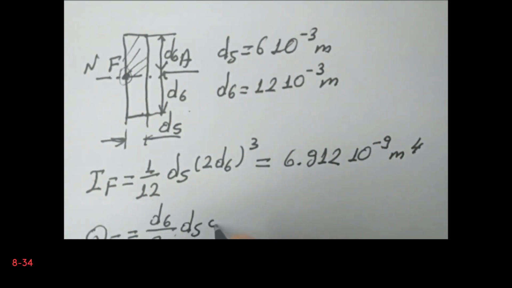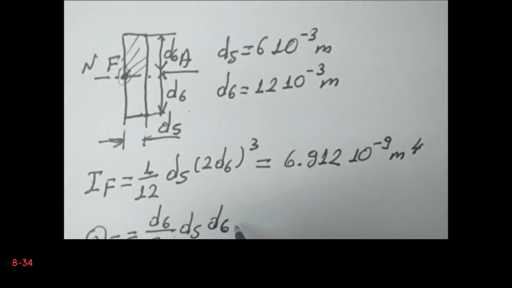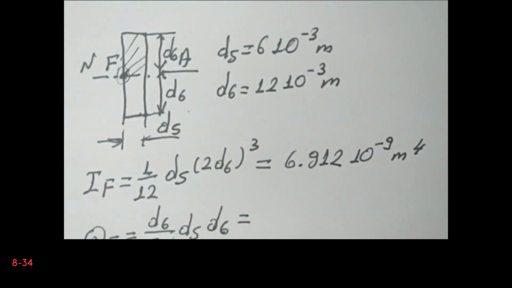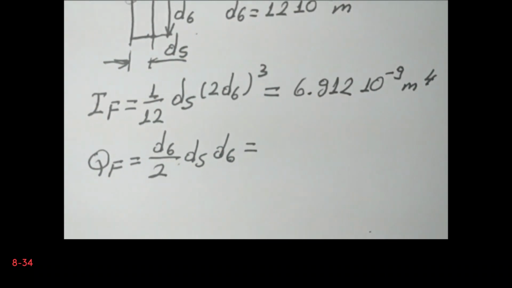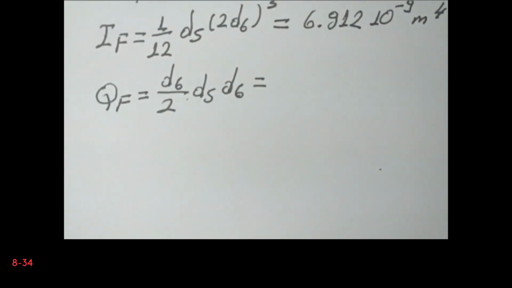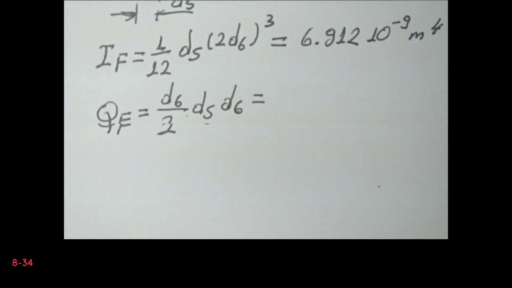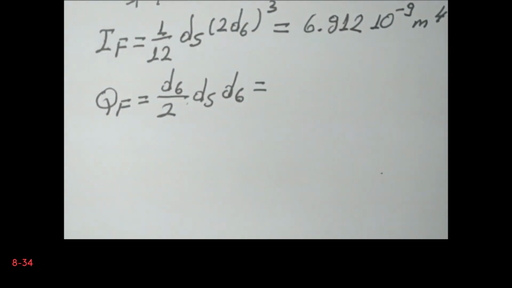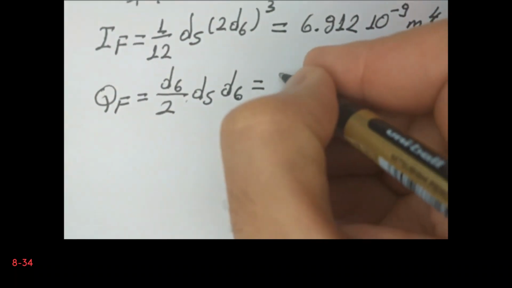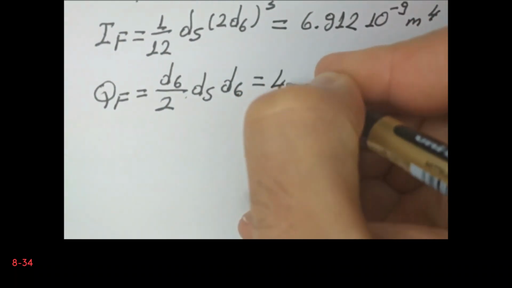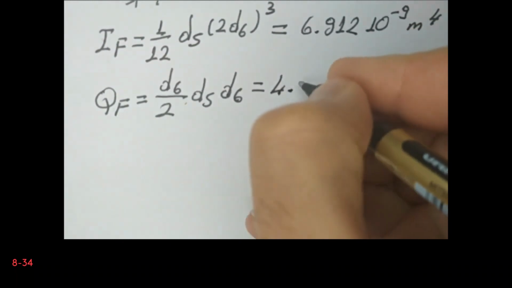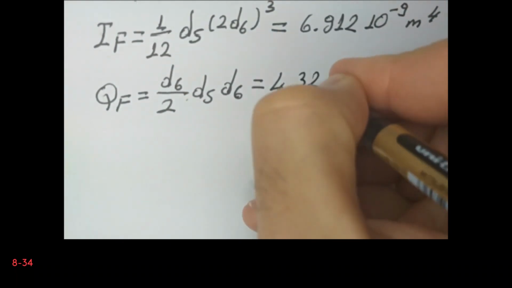If you put in the values, it is 4.32 times 10 to the power minus 7 meter to the cube.